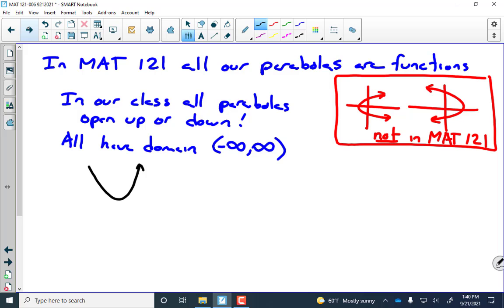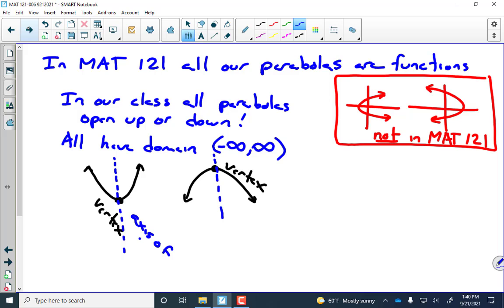So every parabola that we draw will either open up like that or down like that. They'll all have a point right in the middle, which we call the vertex of the parabola, arguably the most important point. They all have an imaginary dashed line going right down through the vertex, which we call the axis of symmetry.